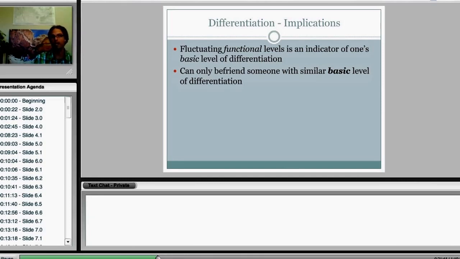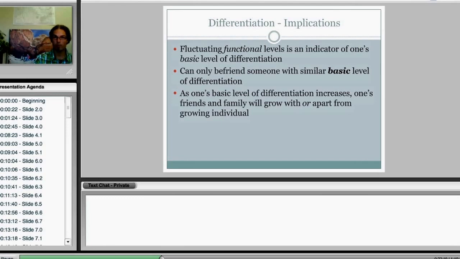And that's really helpful when an adolescent wants to say, well, I'm the mature one in the relationship, but my friend here, they're not, because the reality is that they would not be together in terms of friendships or girlfriend-boyfriend relationships, girlfriend-girlfriend relationships, boyfriend-boyfriend relationships. They would not be together if there was not a similar level of basic differentiation. And that can look very differently, as we'll see in a moment, but the basic level is very, very close.